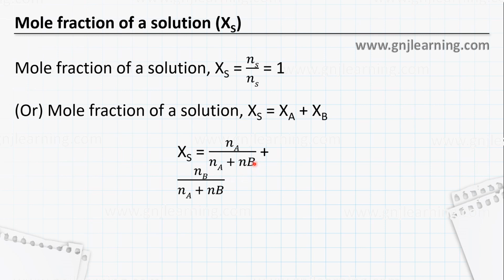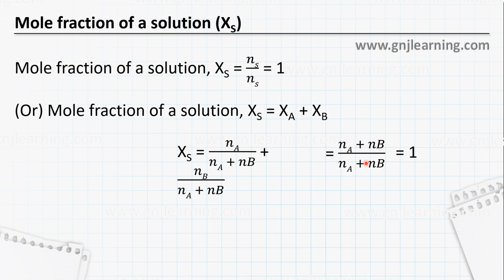Since we have only two components, that is Na plus Nb, plus the mole fraction of B, that is Nb divided by Na plus Nb. If you solve this, you get Na plus Nb divided by Na plus Nb. Both cancel out each other, so it is equal to 1.